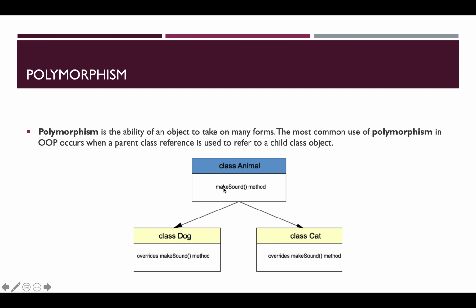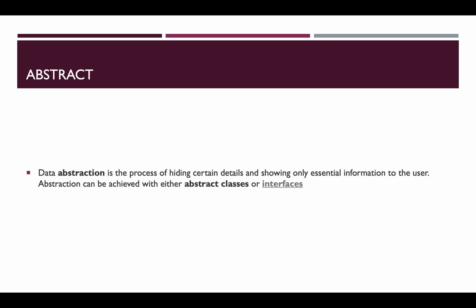The Animal class has a makeSound method, but the Dog class also has a makeSound method, and so does the Cat class. This is the ability: the dog is going to override the makeSound method, and the cat is also going to override the makeSound method that was in the parent.